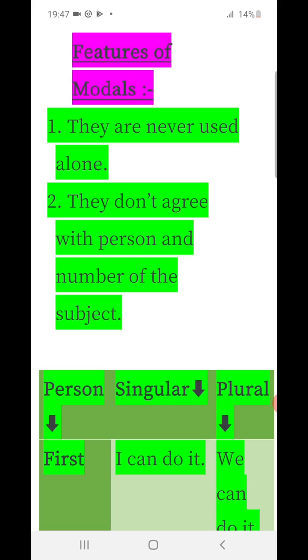So, these helping verbs don't change their forms with the number or person of the respective subjects in different kinds of sentences.